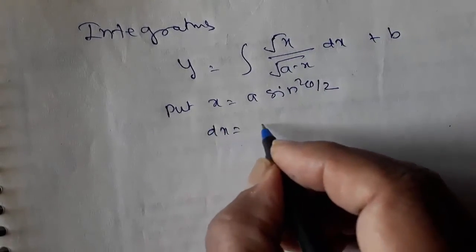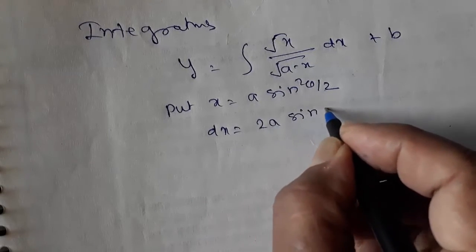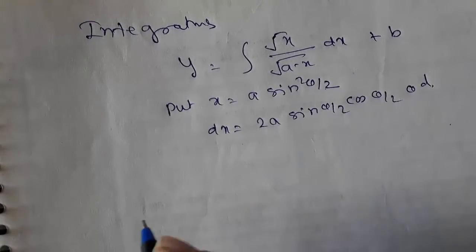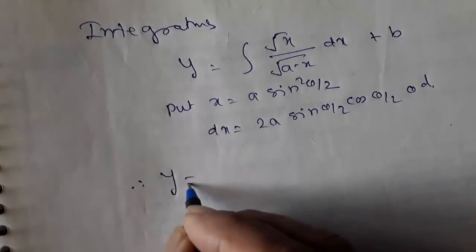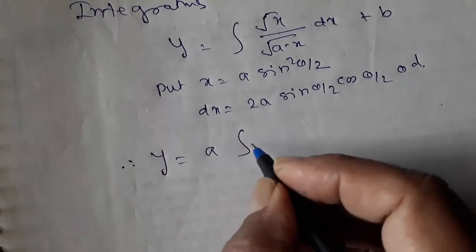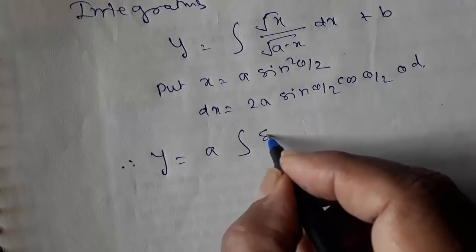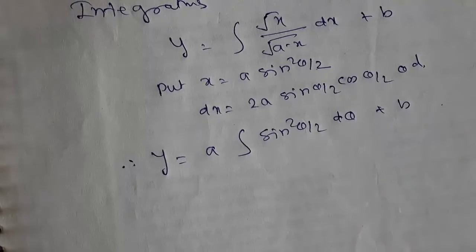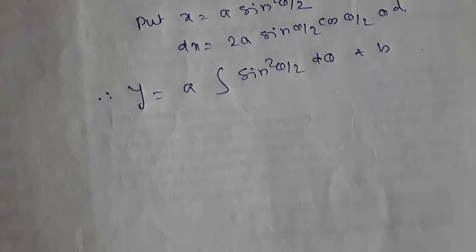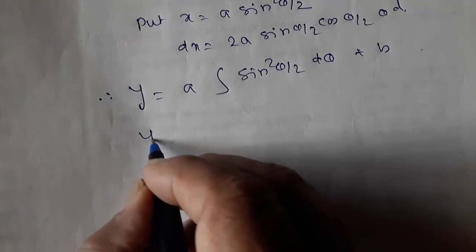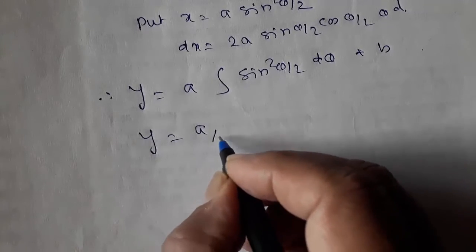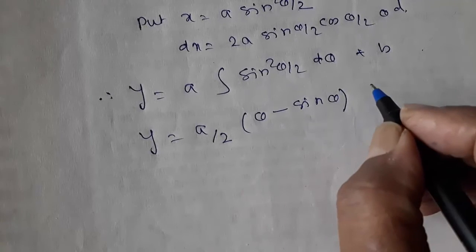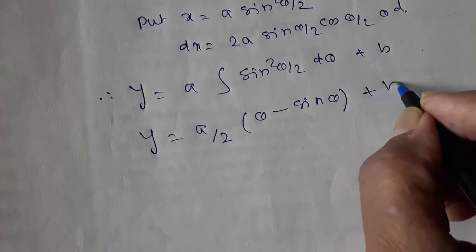Therefore dx equal to 2a sine theta by 2 into cos theta by 2 d theta, and therefore y becomes a into integration of sine square theta by 2 d theta plus b, that is y equal to a by 2 into theta minus sine theta plus b.